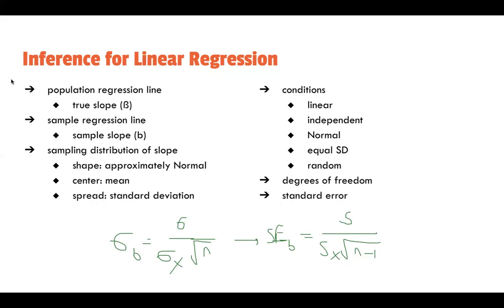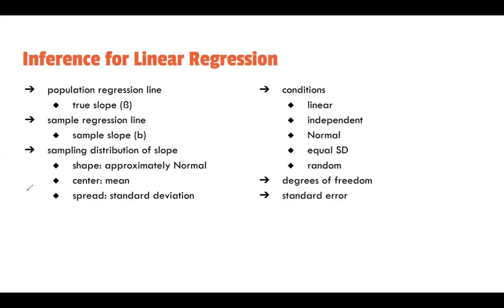But generally, when you have the computer output, it has all the values for the constant, which is just a, and then all the values for the slope, which is b. And you have the actual value. You have what's known as the standard error. You have t, and you have p. So all we're going to be looking at is the b value right here.